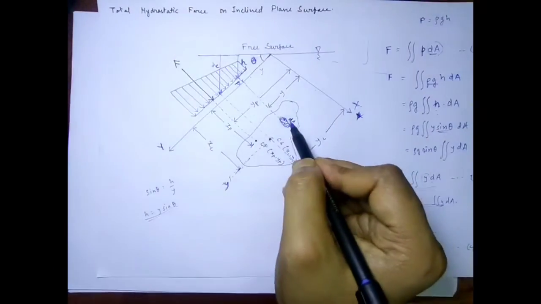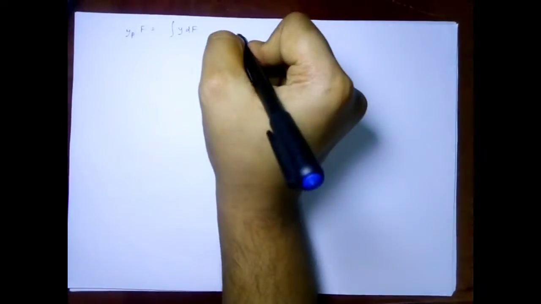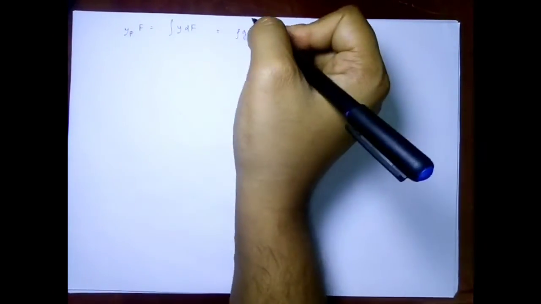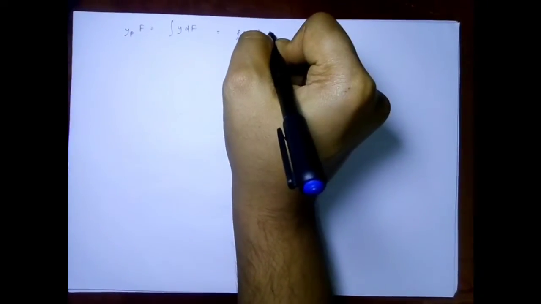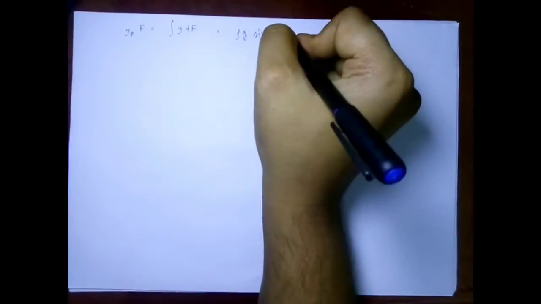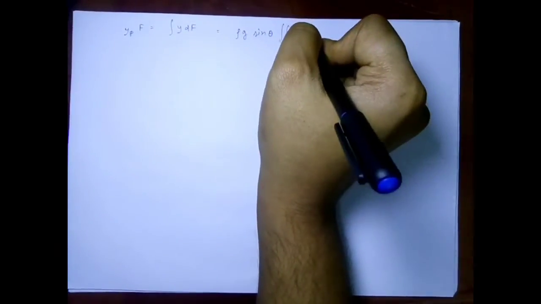So the integral of y dF will come if we are considering this small area, and that will be thus equal to rho g sin theta integral of y square dA.